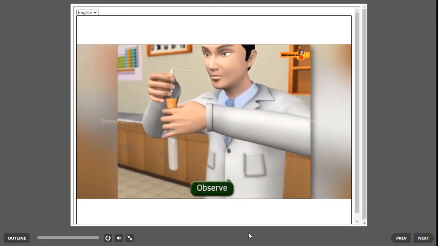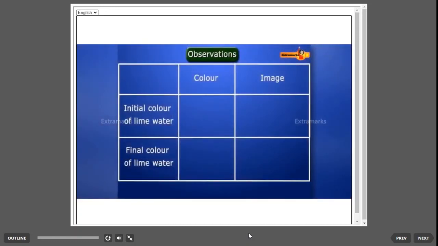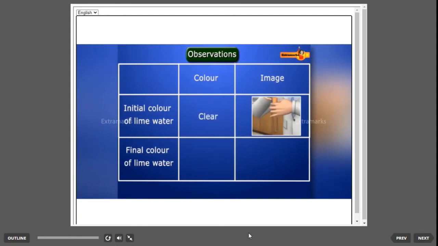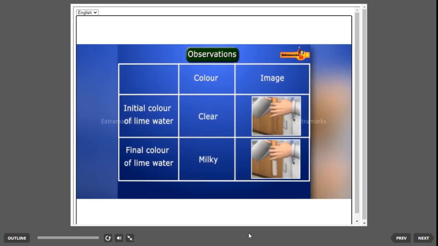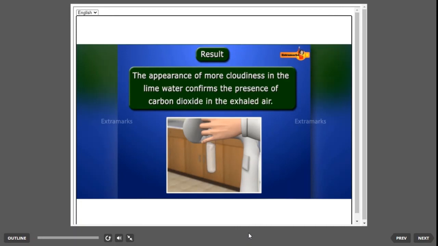Now, observe the color of the lime water. When the air is blown through the mouth in the lime water, then the lime water turns milky. The appearance of more cloudiness in the lime water confirms the presence of carbon dioxide in exhaled air.